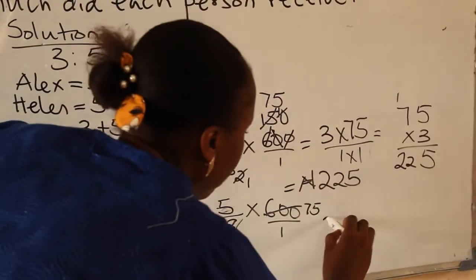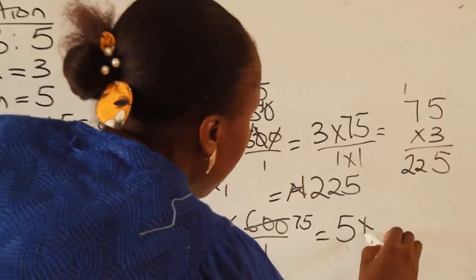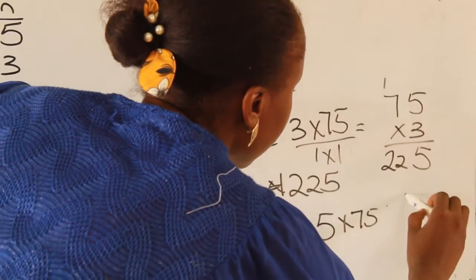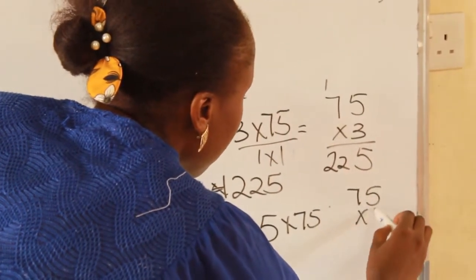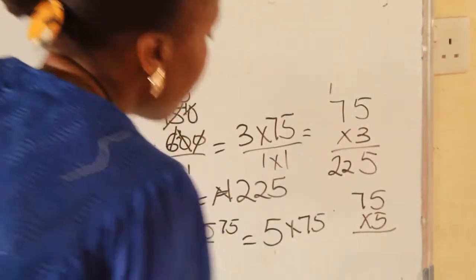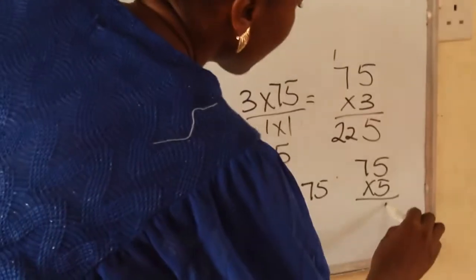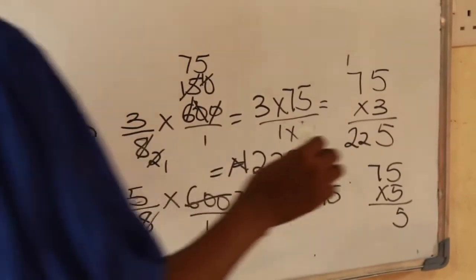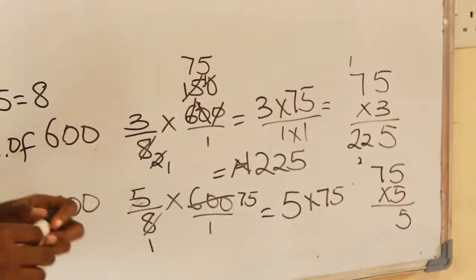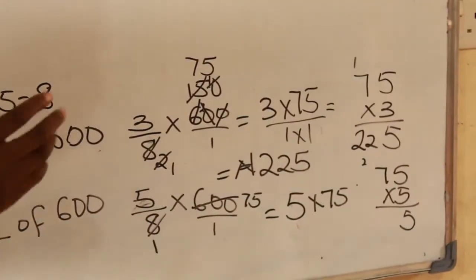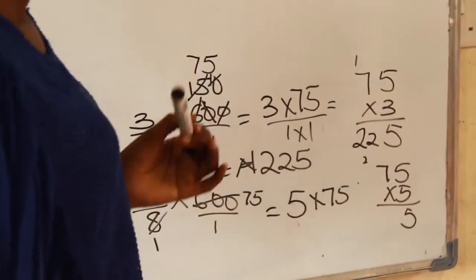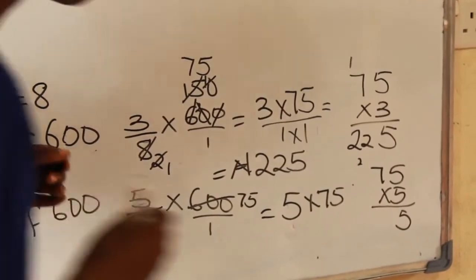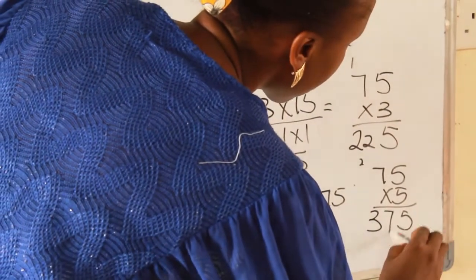And then we multiply 5 times 75. 5 times 5 is 25. Write 5 and carry 2. And 5 times 7 is 35. 35 plus 2 is 37.